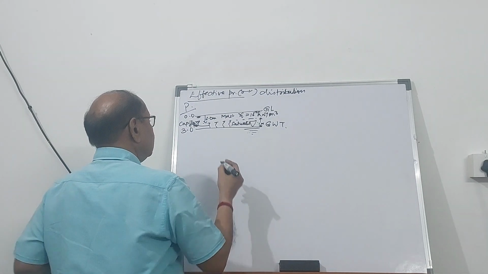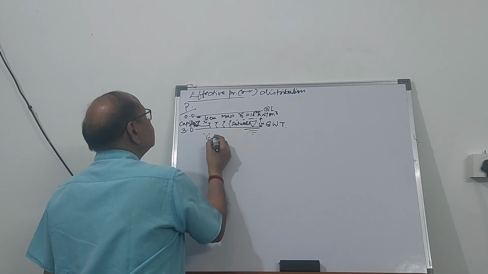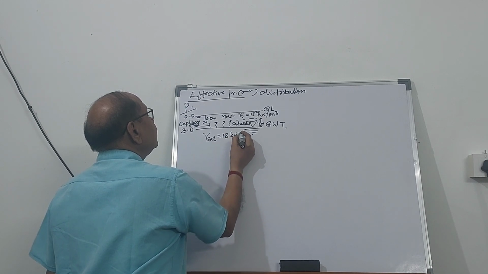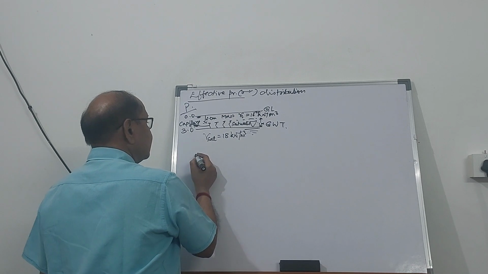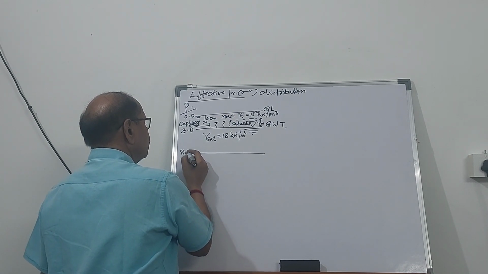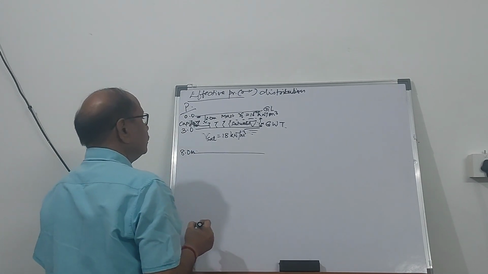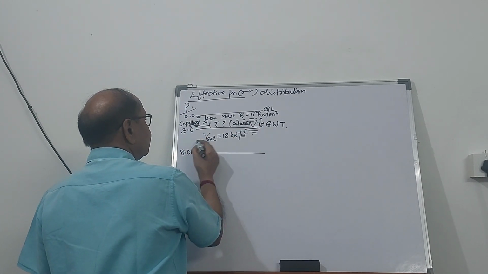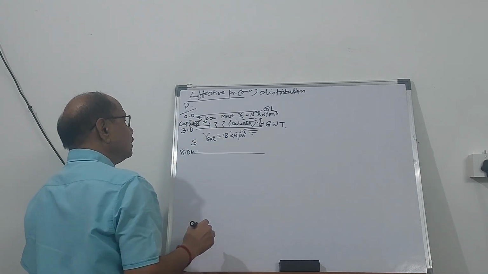And the gamma saturated here is 18 kilonewton per meter cube, and this extends up to 8 meter. So there is a sand, completely sandy deposit. There is sand, there is also sand.